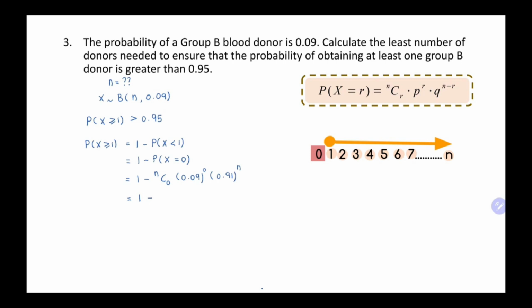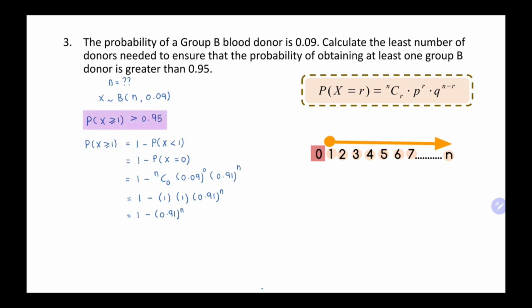Apa-apa yang C dia 0, tak kisahlah apa value N tu, kalau dia C0, we get 1. And 0.09 power of 0 also 1. So this one 1, this one pun also 1. So we just have 0.91 power of N. Then 1 minus 0.91 power of N.